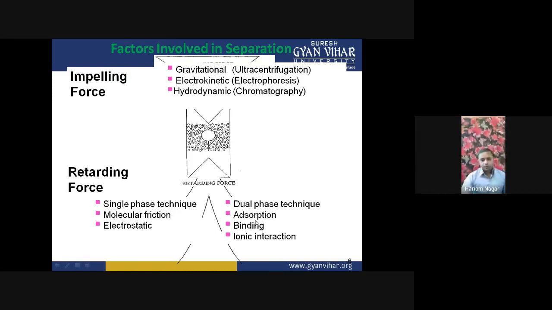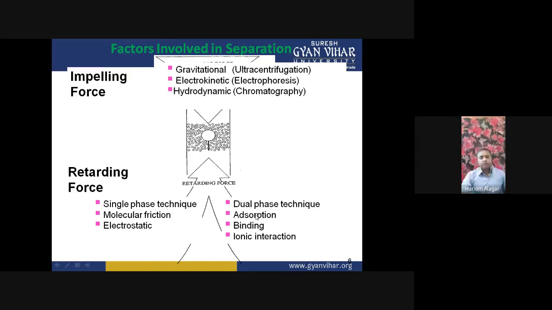And if you talk about the dual phase technique, the responsible factors are adsorption, binding, and friction interactions. In the liquid solid chromatographic technique there are dual phases: one is liquid, the mobile phase, and one is solid, the stationary phase. So there is adsorption of the components on the stationary phase.